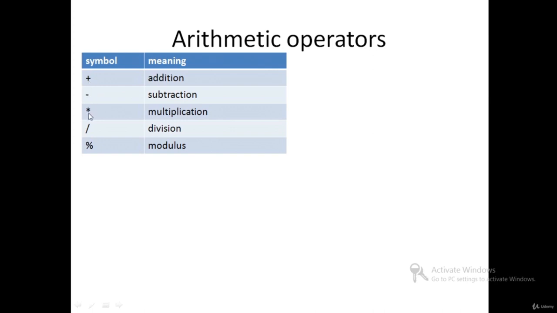This is the symbol of multiplication, then division, and when you want to find the remainder of a number, this percentage sign here is called modulus, which is used to find the remainder of a number. So let's build a program to find out how arithmetic operators operate.